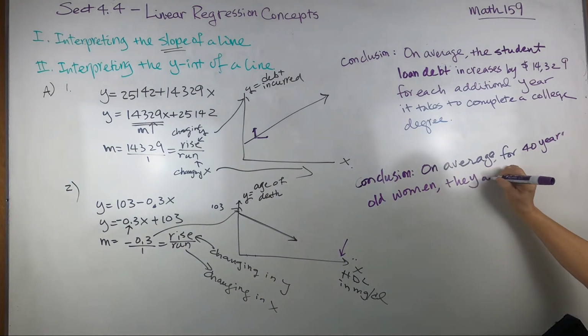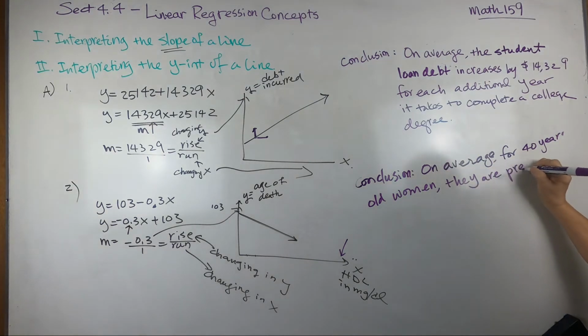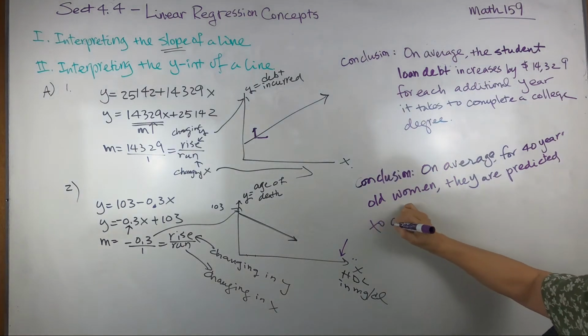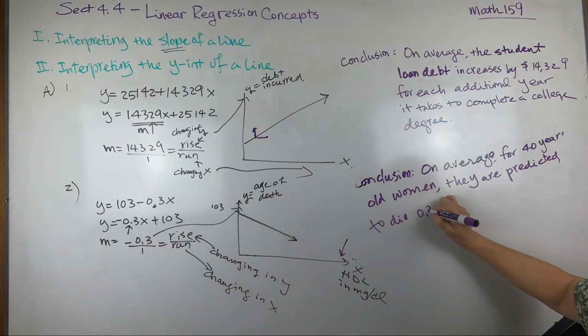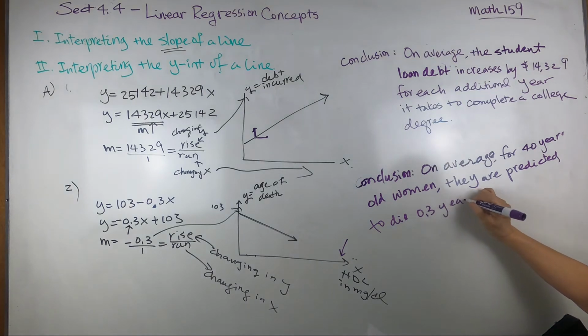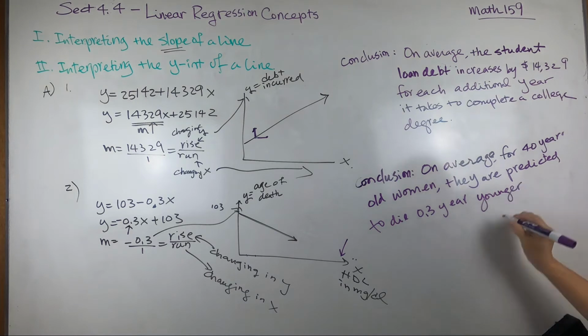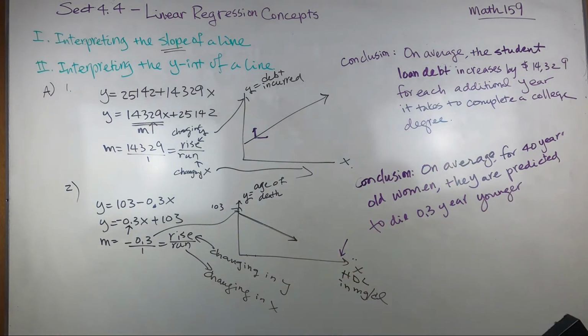They are predicted to die 0.3 years younger. So the higher it is, the younger you die.